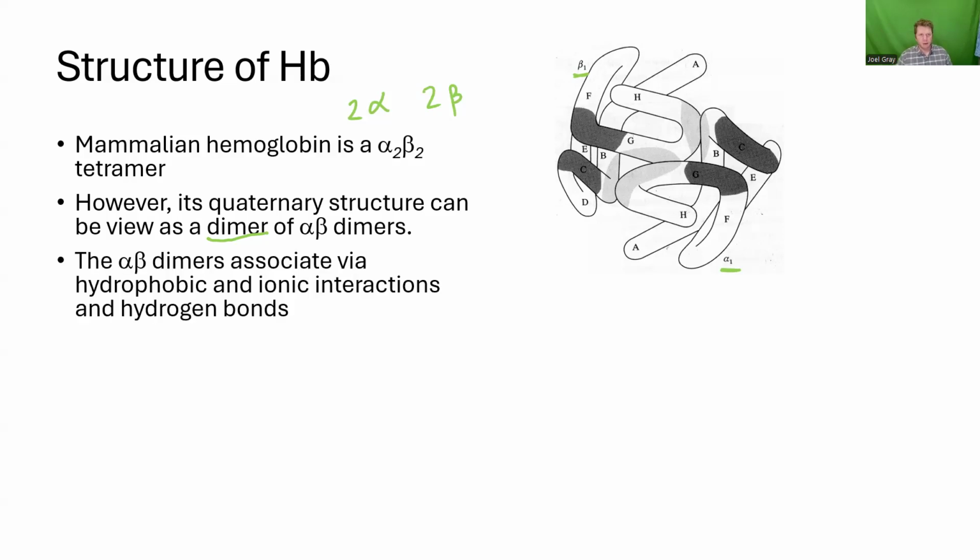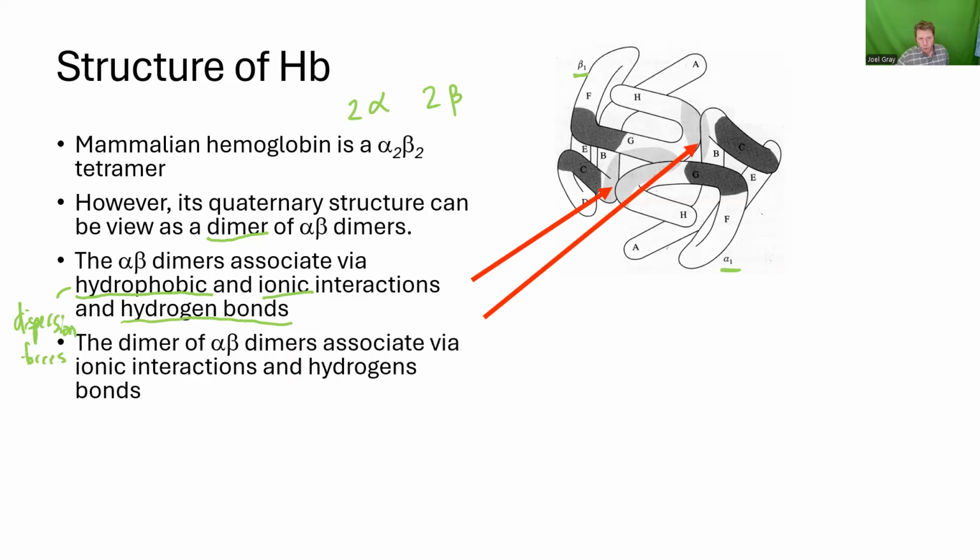Each alpha beta dimer is connected through hydrophobic interactions, or we refer to these sometimes as dispersion forces, as well as ionic interactions and hydrogen bonds.